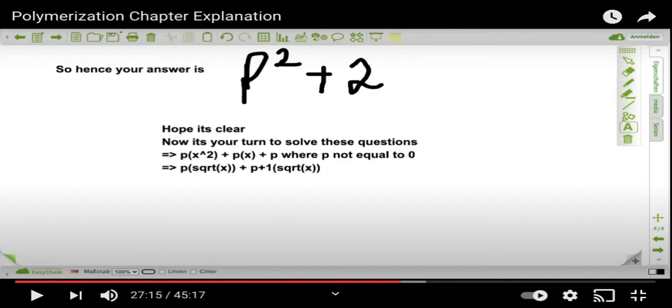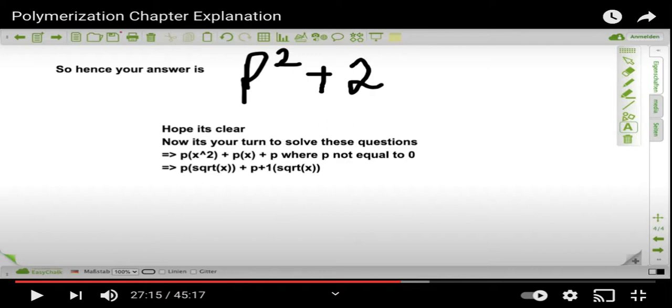Or in simpler words, factorize them. Or no need to factorize, since this is a rule. Once you got your values, plug them in and you shall get your answer. Once again I'm explaining: p of square root x plus p plus 1 of square root x will be v is p, v is root x.